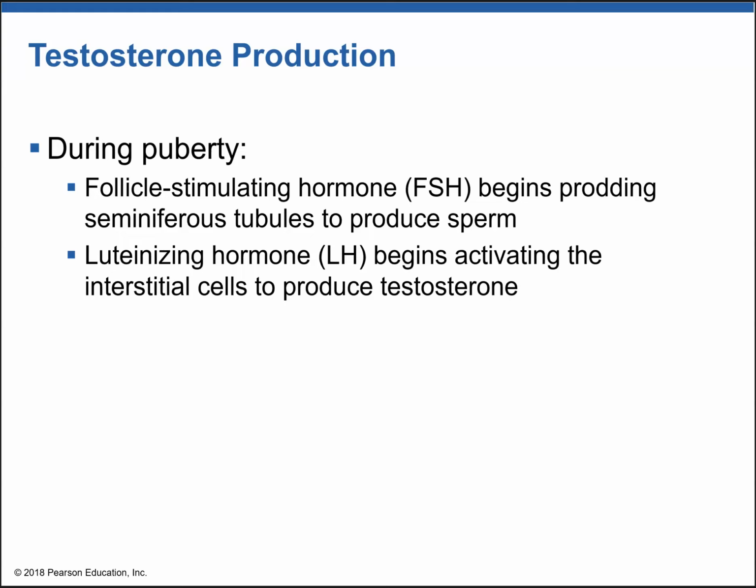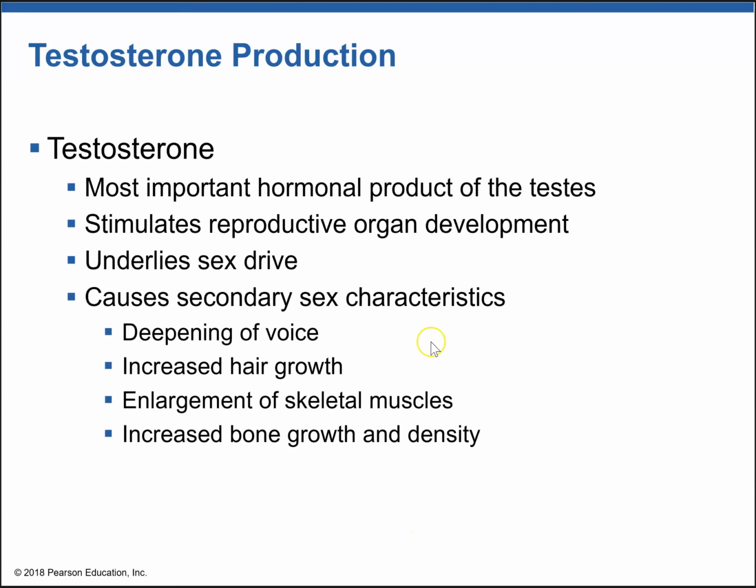So there are several hormones that need to be activated for puberty to kick in. During puberty, the follicle stimulating hormone, FSH, is the main hormone that triggers the process of sperm formation, and luteinizing hormone activates the interstitial cells to produce testosterone.